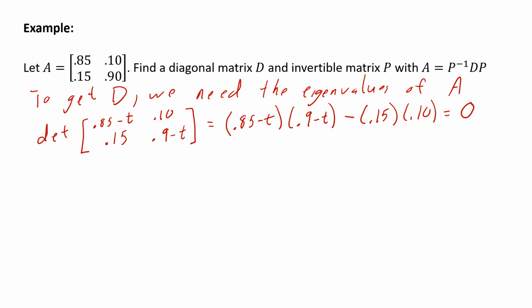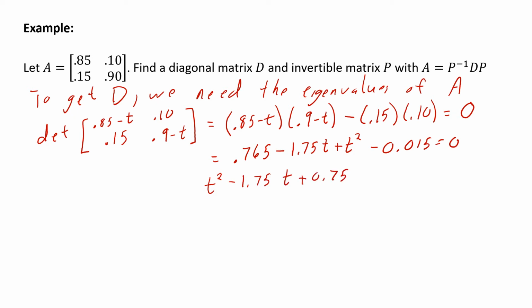So what does this all equal? Well, when you multiply this all out, you get 0.765 minus 1.75t plus t squared minus 0.015 equals 0. And simplify it, t squared minus 1.75t plus 0.75 equals 0.